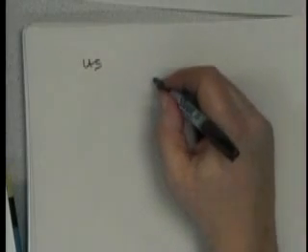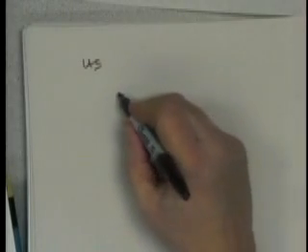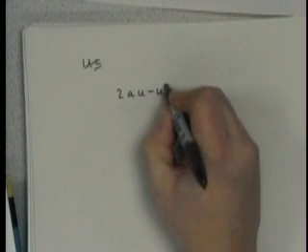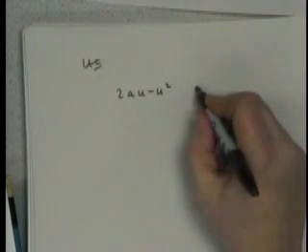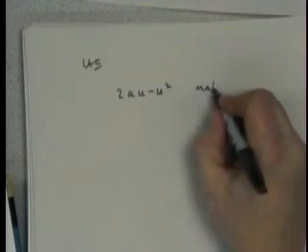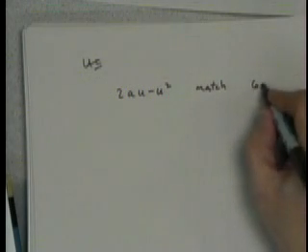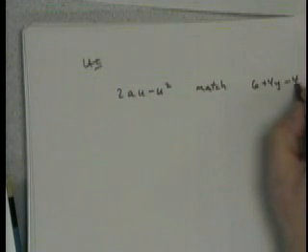We're going to try to make that match the thing we have. Does 2AU minus U squared match 6 plus 4y minus 4y squared?